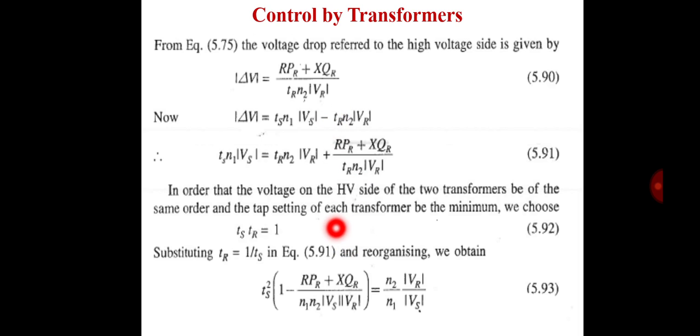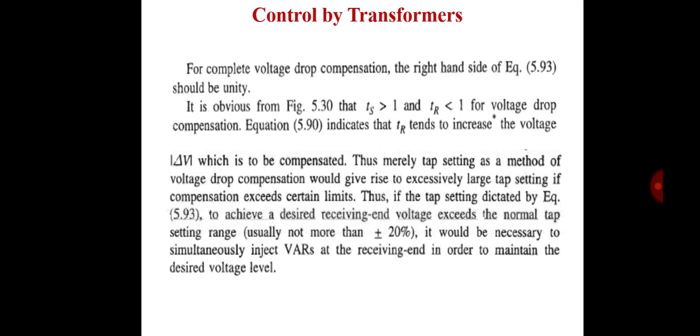Substituting this value in this equation, it becomes TS squared times [1 minus (R PR plus X QR) divided by N1 N2 Vs VR] equal to N2 divided by N1 times VR divided by Vs. For complete voltage drop compensation, the right hand side of the equation should be unity.